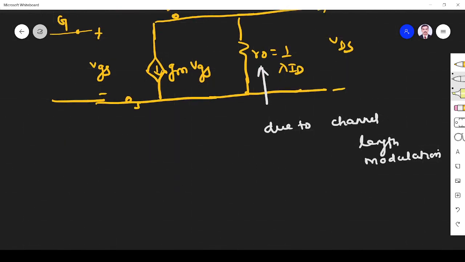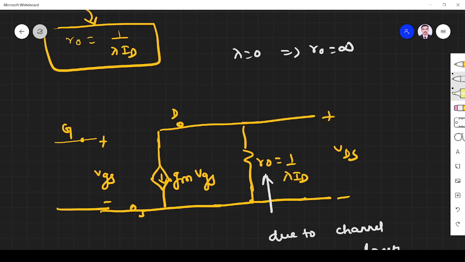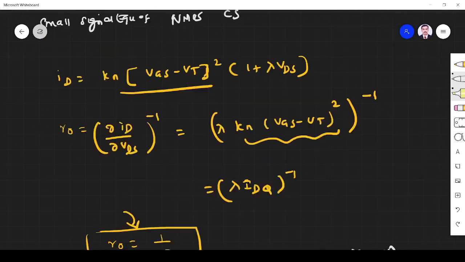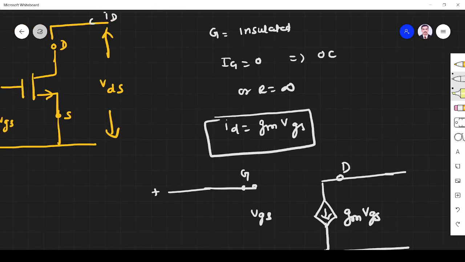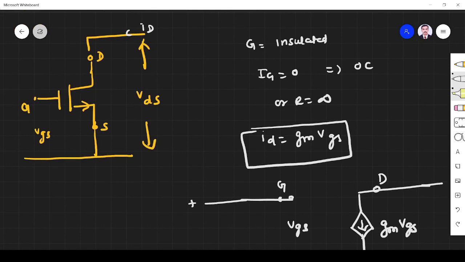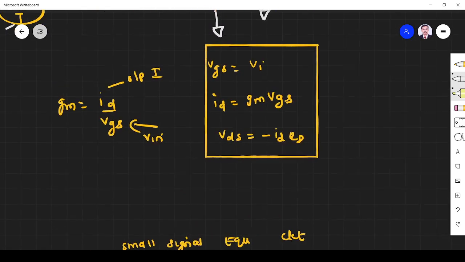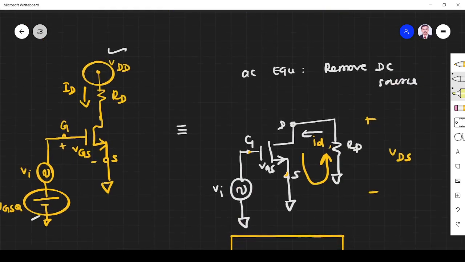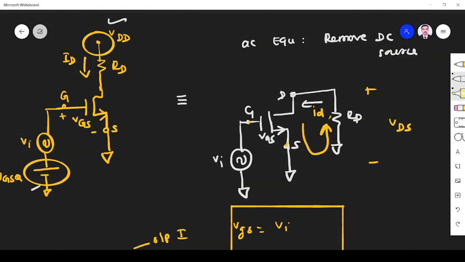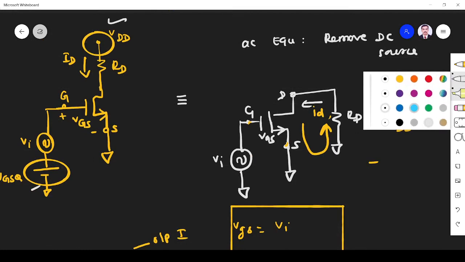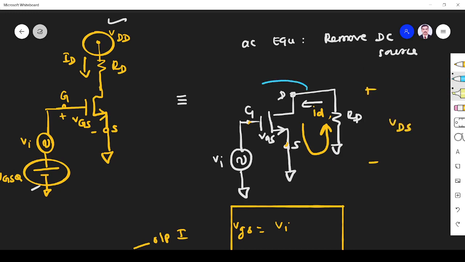Okay. Now let us see how to draw the small signal equivalent of our common source configuration. This is the small signal equivalent of the transistor. Now we have to draw the small signal equivalent of our common source configuration. For this configuration, you see, this is the AC equivalent.